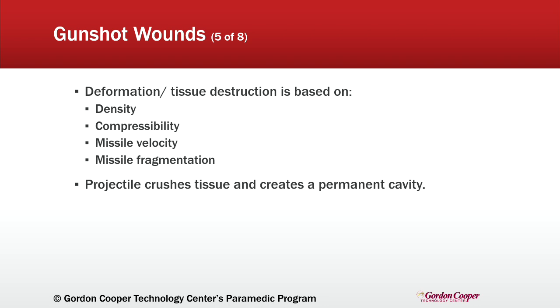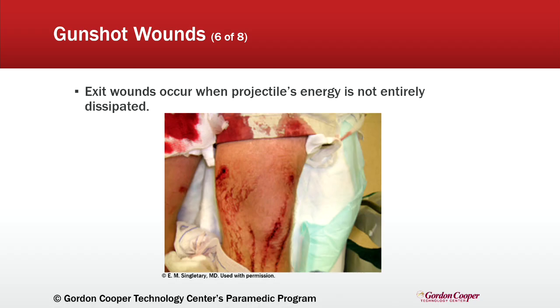Inelastic tissues like the liver, spleen, and brain are less able to absorb that cavitation and therefore suffer more permanent long-term damage. Missile fragmentation produces secondary fragments that carve out additional separate pathways as they travel through the tissue.